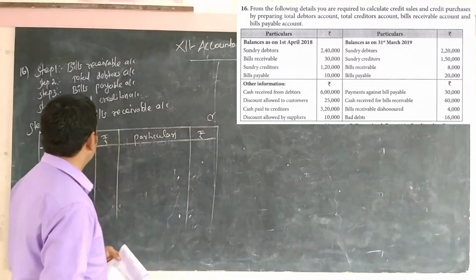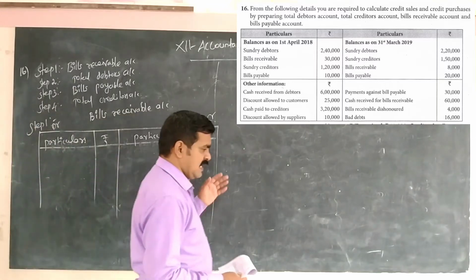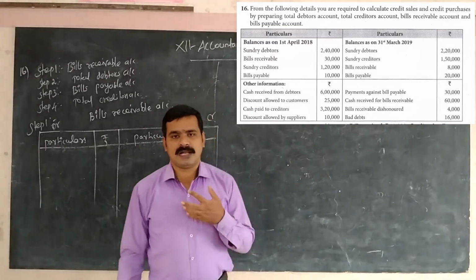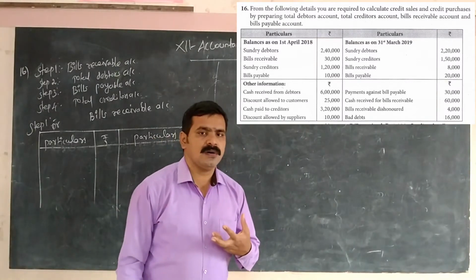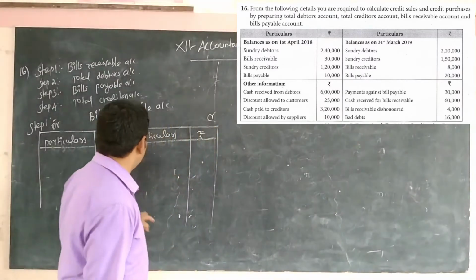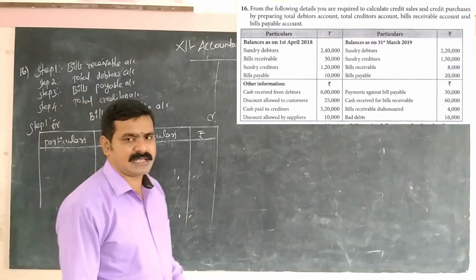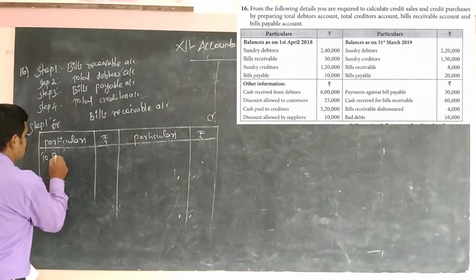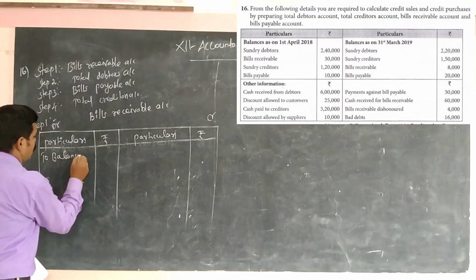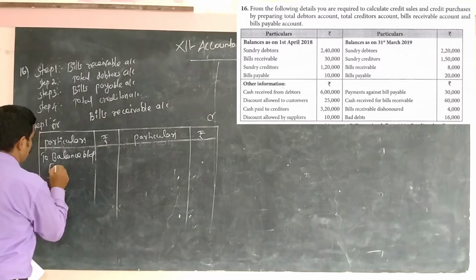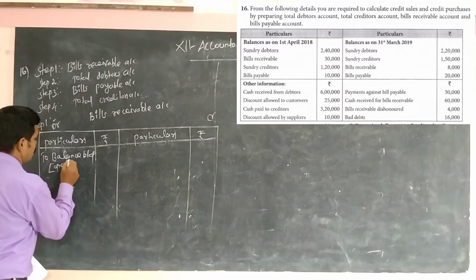Okay, so bills receivable is a current asset, one of the ledgers. So the opening balance comes under the debit side, and the closing balance comes under the credit side. Okay, so to balance brought down, that is the opening balance.